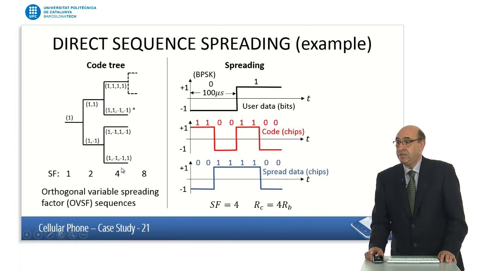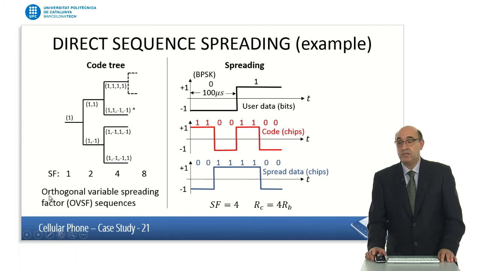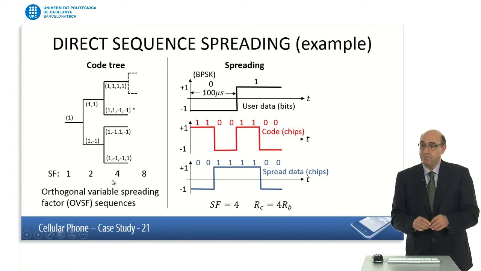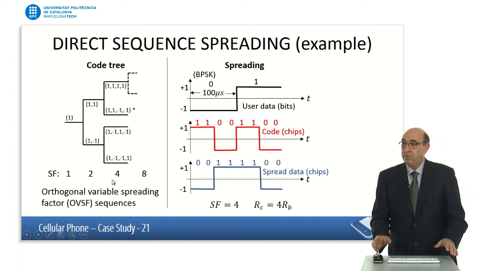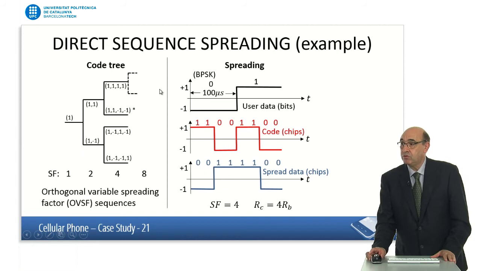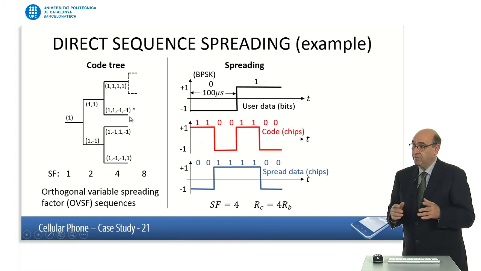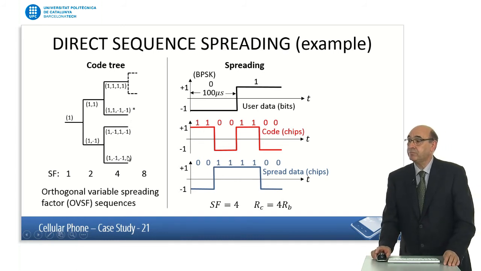And the number of bits here is called the spreading factor. And those sequences are denoted as orthogonal variable spreading factor sequences. And they have an interesting property. If you follow one of those branches, it will be orthogonal to any other. So as long as you do not repeat the branch, then you can select different sequences. Now, this is applied in the following way.